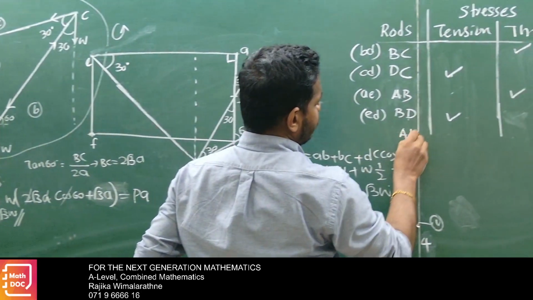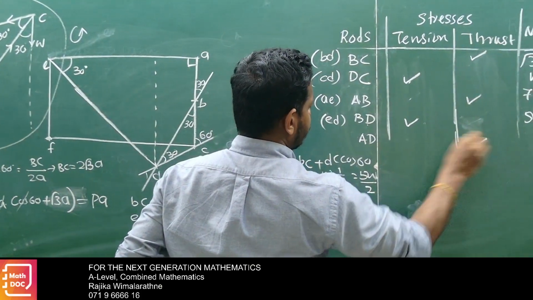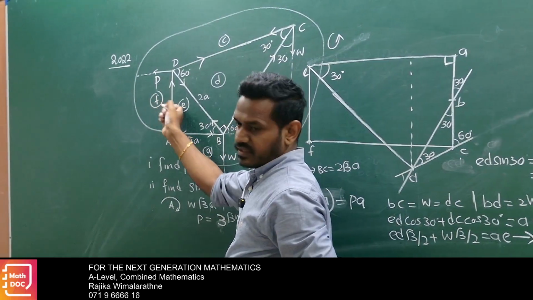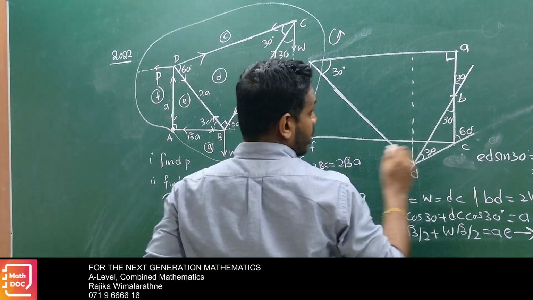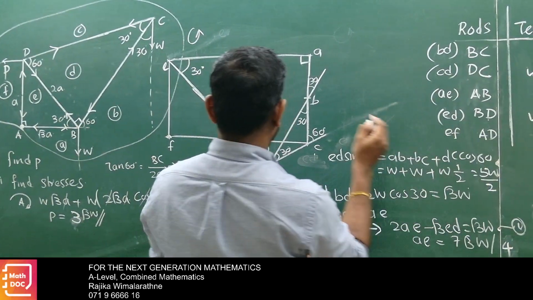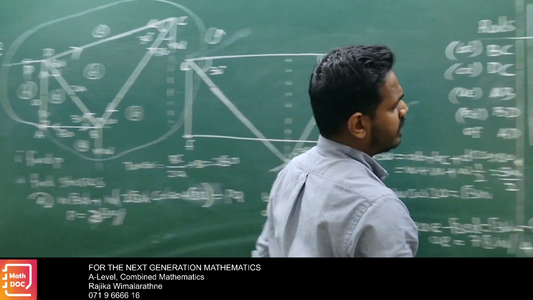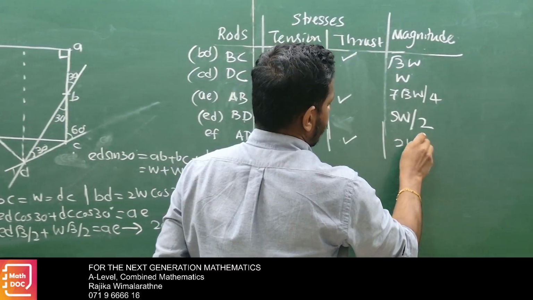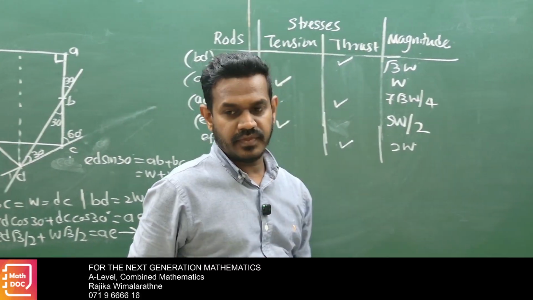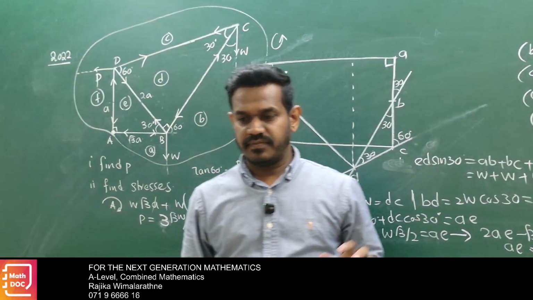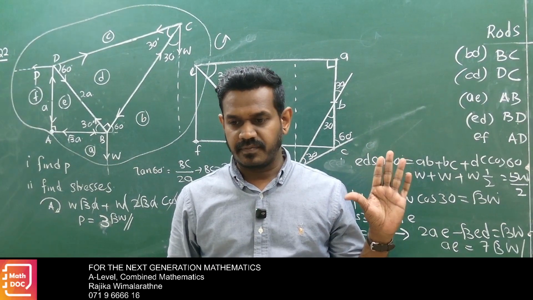So AD is now represented by EF, no? Then find EF. EF equal 2W. Okay. Complete it.